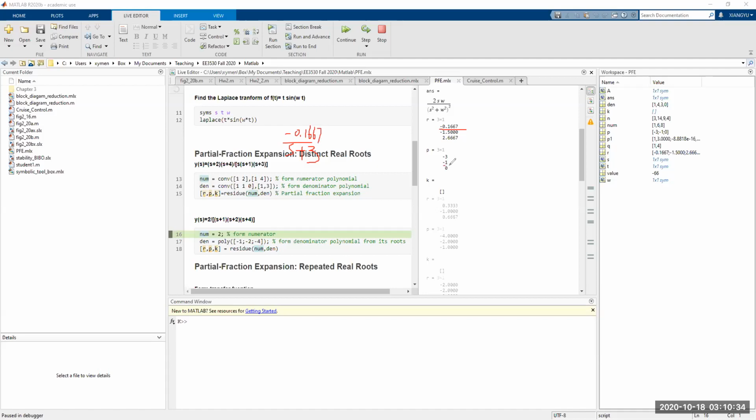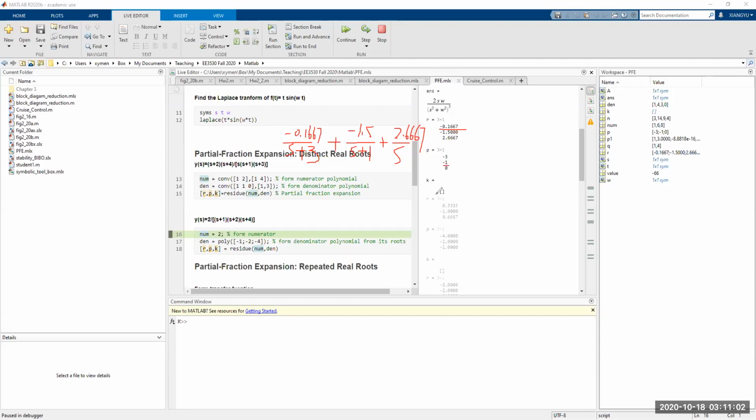For the root minus 1, s plus 1, the coefficient is minus 1.5. Then for the 0, the coefficient of s is 2.6667.